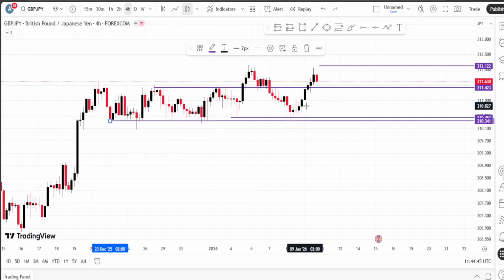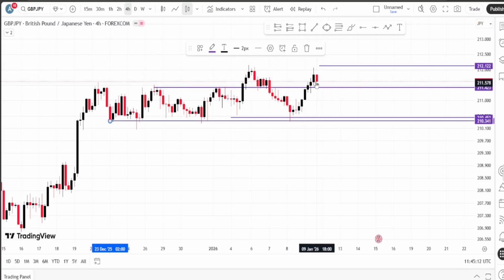If I trade this market, I only trade gold. So I'm not going to rush on the pound JPY. If I trade that market, I would like to see how price reacts between 211 and 210.1, because if you look from here to here, there is not a big range for you to actually risk anything.